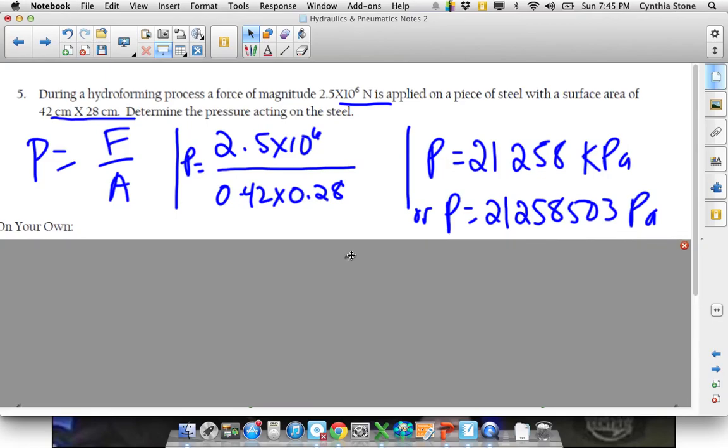You have the force and then another area down here. It's a rectangle, so again, 0.42 by 0.28. Figure out what that is. It's a huge number in pascals. Divide by 1,000, 8 kilopascals, and that's it. If you give me your answers in pascals, I'm fine with that. It just depends on what you're trying to compare it to.